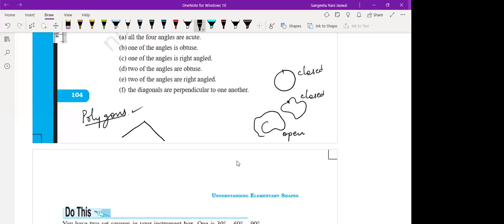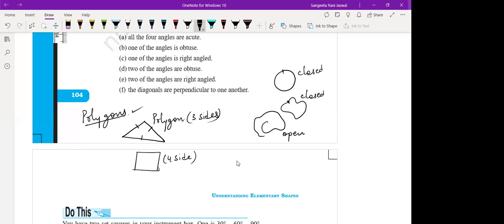Suppose I make a triangle like this, it is closed from all sides and it has line segments. So this is a polygon, a polygon with three sides. Now if I take a square shape, this is also closed, so this is a polygon with four sides.